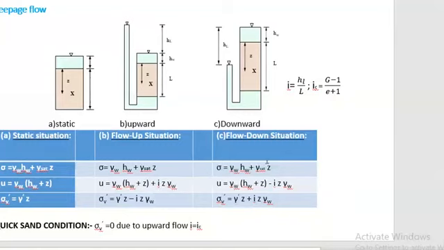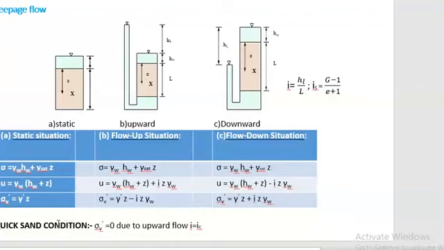And for downflow situation, in pore water pressure we will subtract i Z gamma W. So in effective stress, if we do sigma minus U, then this term gamma W HW and here also gamma W HW will vanish, and gamma saturated Z minus gamma W Z will be gamma submerged Z minus i Z gamma W. So in upward flow there is a stress which is decreasing by i Z gamma W, and in downward situation the stress is increased by i Z gamma W.